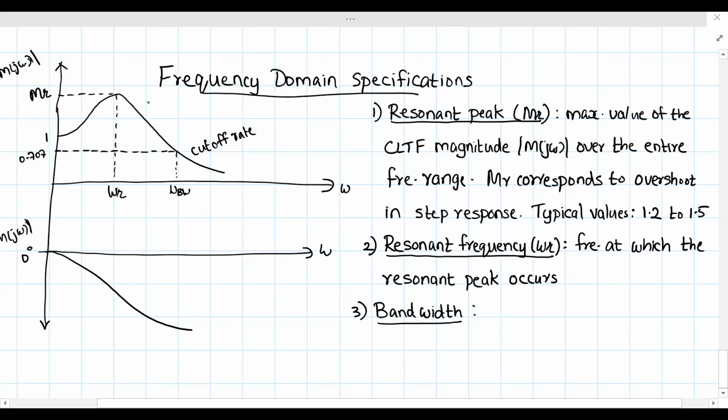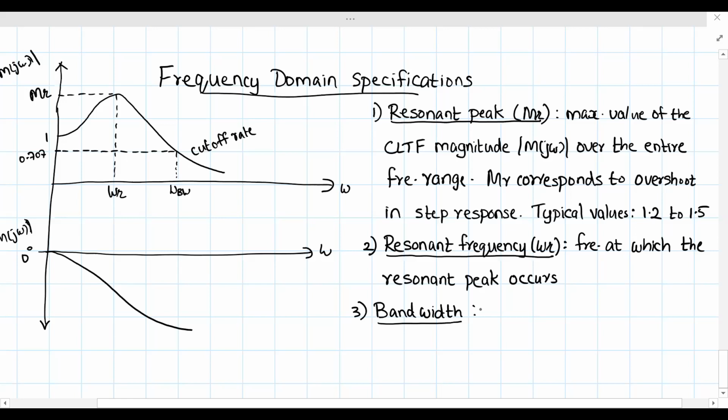Low frequency value or DC gain means the gain when s tends to 0. So it is 1 basically, right? So 0.707 times that value, or 70.7% of the low frequency value. The corresponding frequency at which the magnitude becomes 70.7% of the low frequency value is what is called bandwidth.